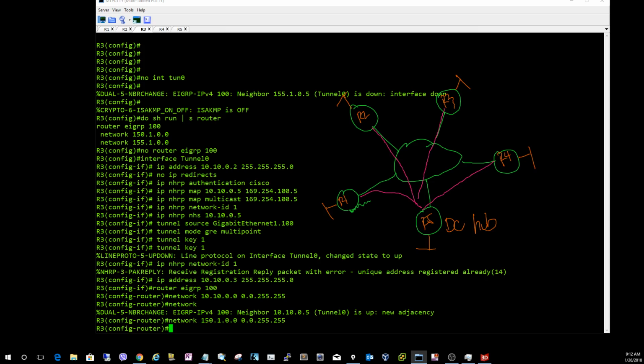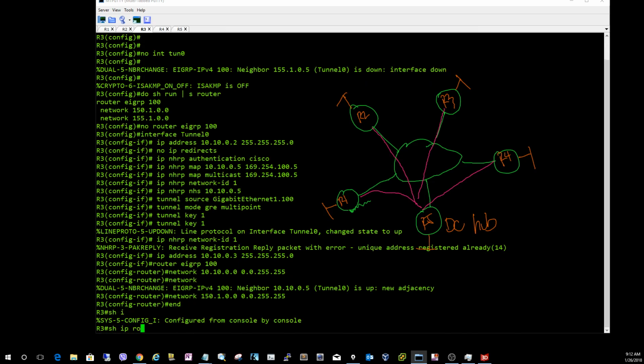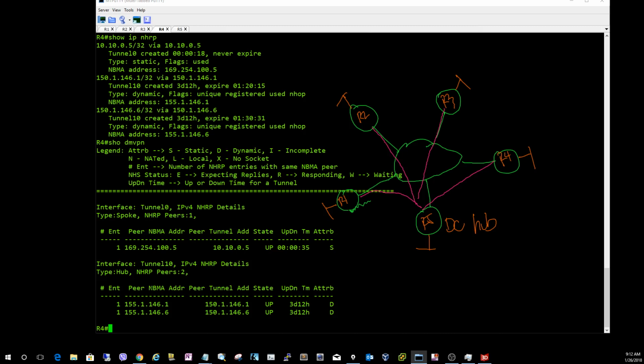Okay, let's see. Show IP route EIGRP. Yes, it's learning it. But what do you notice? Is router 4? Okay, I haven't configured router 4 yet.